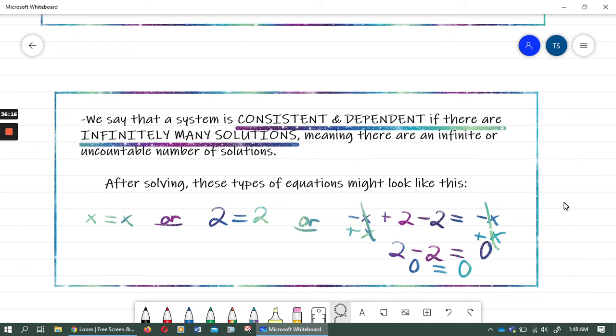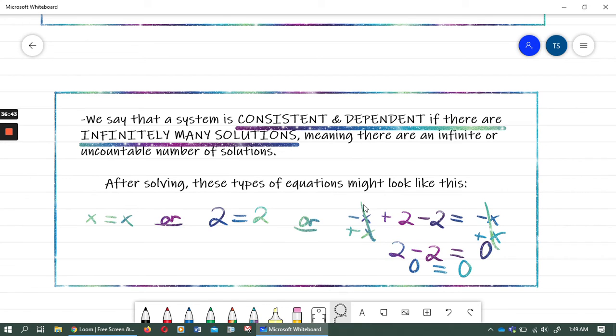or let's say that we were solving a system of equations and our equation started to look something like this: negative x plus 2 minus 2 equals negative x. What we would do to try to solve that is add x on both sides. So what would happen if we tried to add x on both sides of this equation?